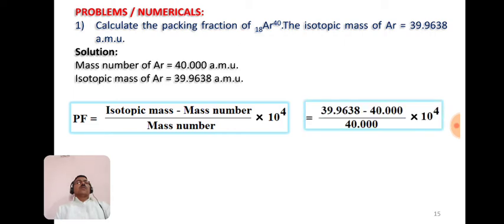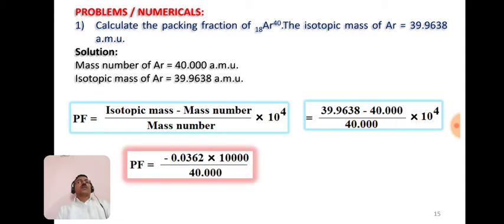So it equals the isotopic mass, 39.9638, minus 40.0, upon the mass number, that is 40, into 10 raised to 4.